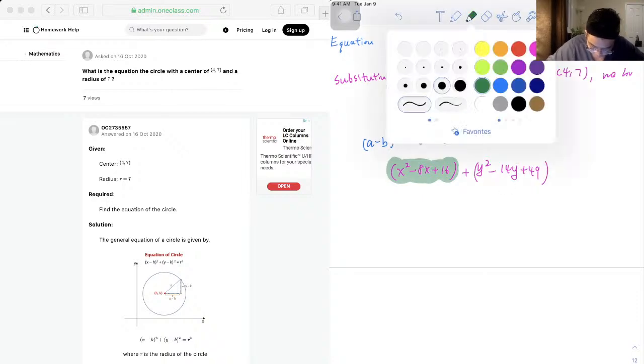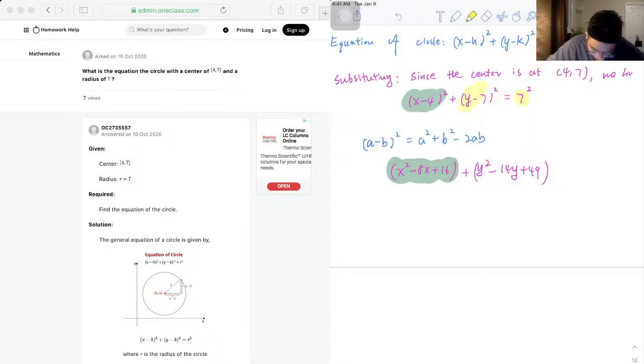And this is from the y minus 7 squared part, right? And 7 squared is just 7 times 7, which is just 49.